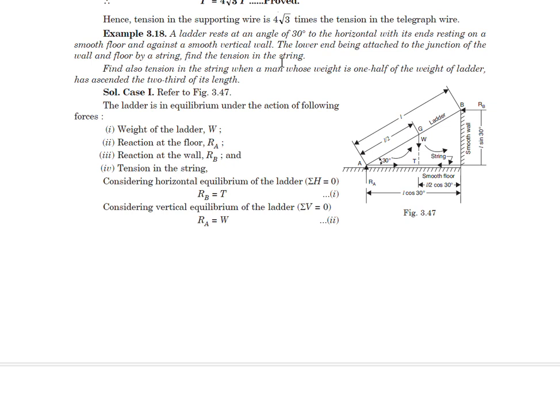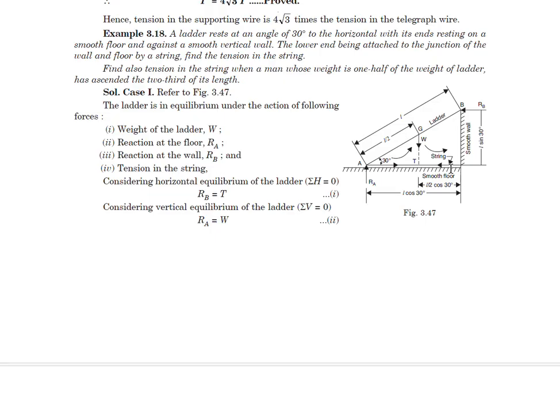Find the tension in the string. Because the surfaces are smooth, especially the horizontal, there is no friction, so the support of the string is given over here. Find also the tension in the string when a man whose weight is one half of the weight of the ladder has ascended two-thirds of its length.